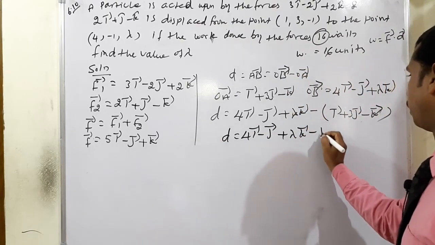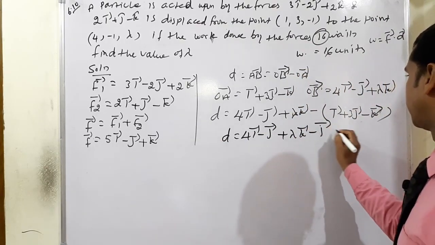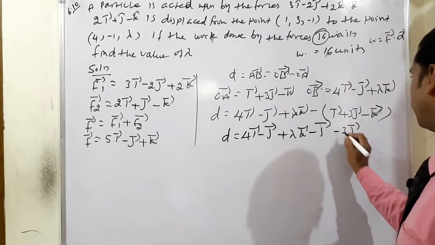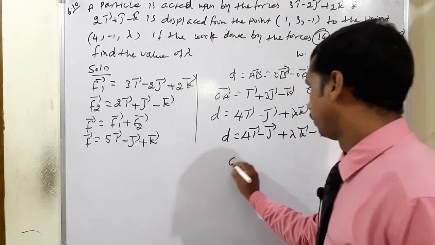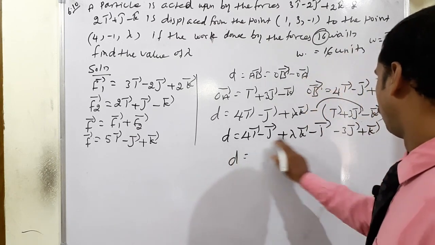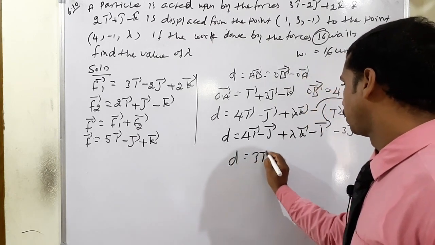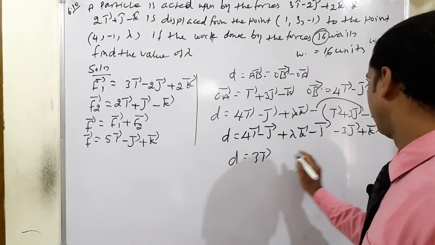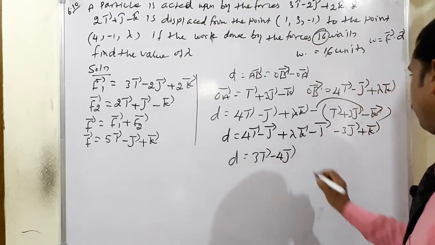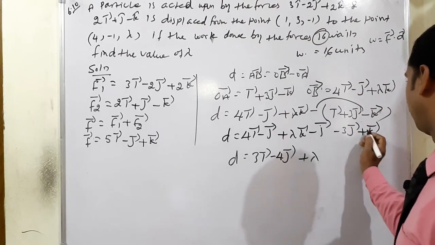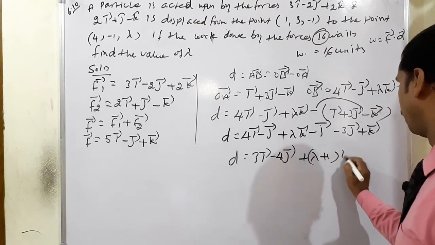If you remove the bracket, it is minus i vector minus 3j vector plus k vector. Therefore, D is equal to 4i minus i means positive 3i vector, minus j minus 3 so minus 4j vector, then plus lambda, plus 1, so lambda plus 1 into k vector.